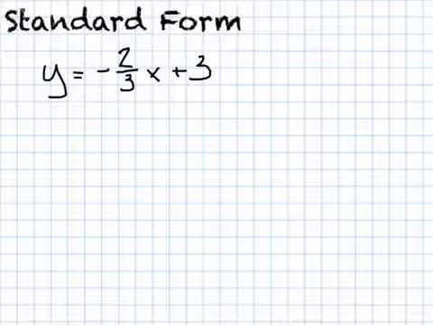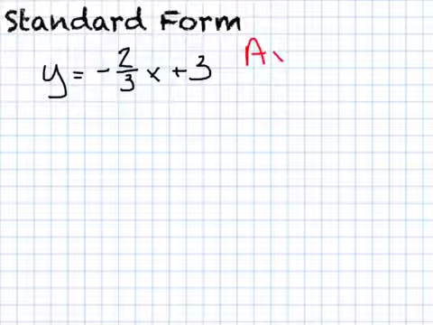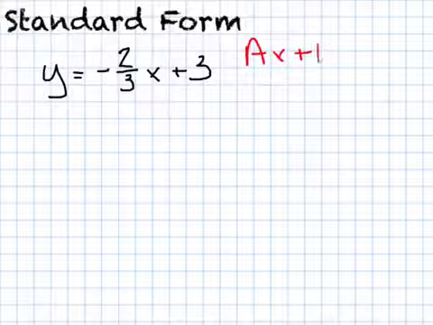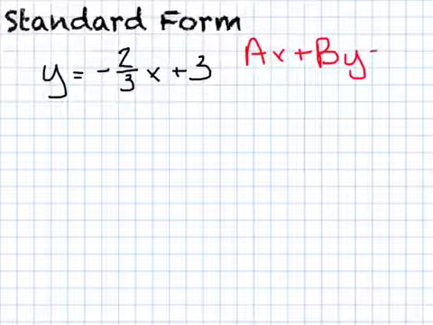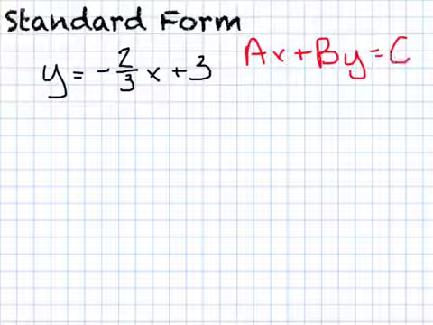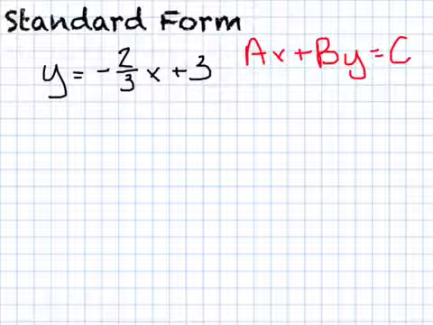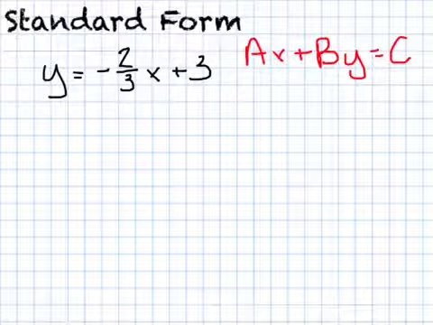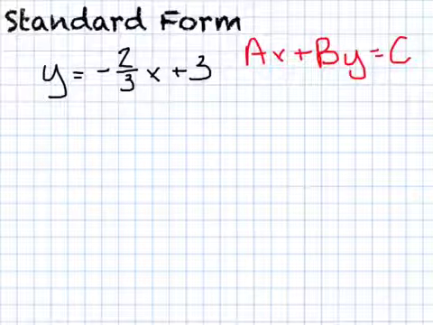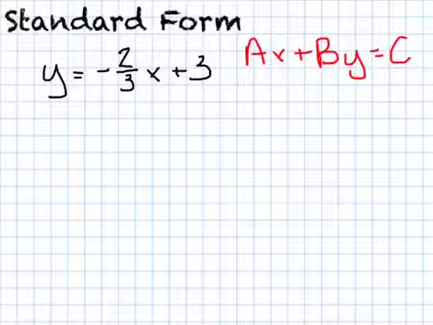I'm going to write my equation off to the side so I can remember exactly what I'm trying to make it look like: ax plus by equals c. So first things first, I need to try to get my x over to the side here.